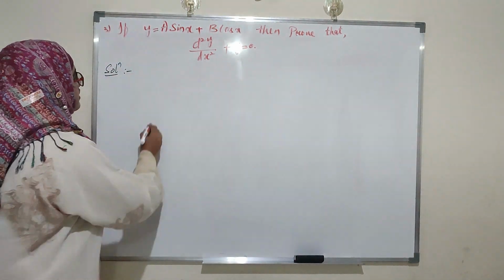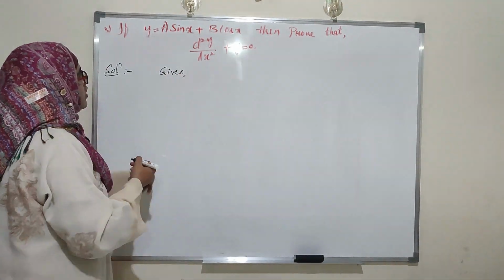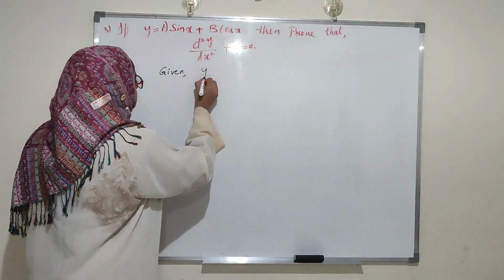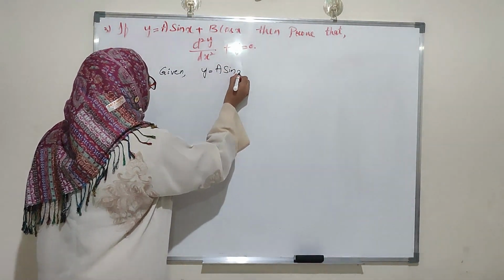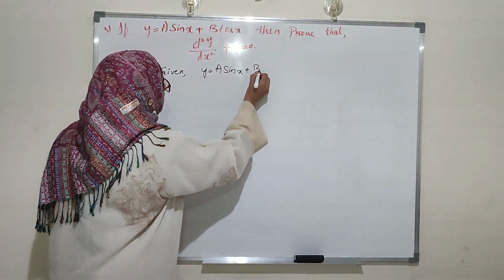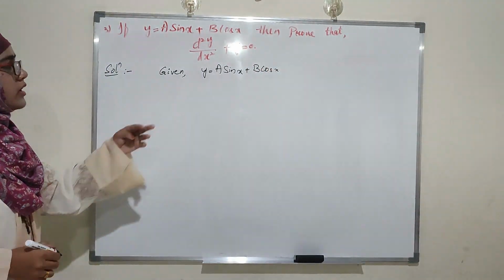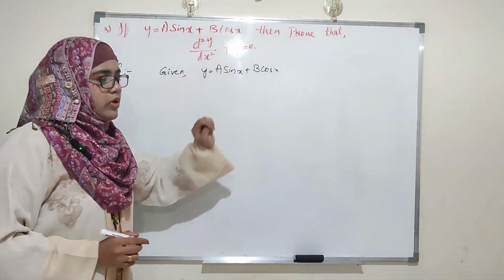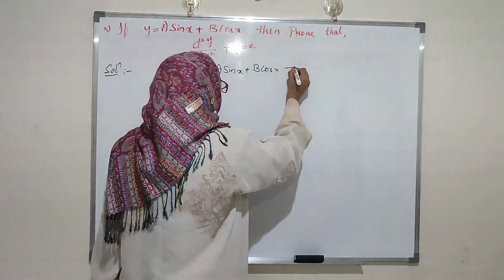What is given first? Write given, y is equal to a sin x plus b cos x. It is given. Now differentiating y with respect to x. Name this one as equation 1.